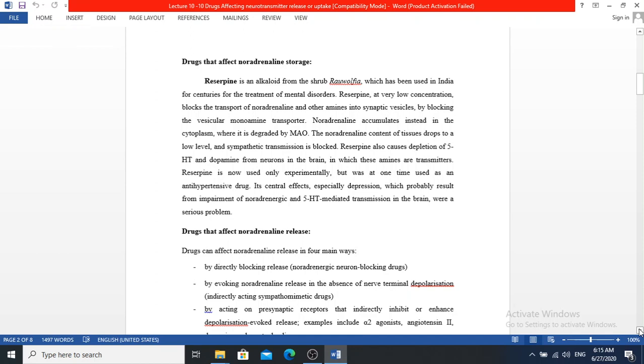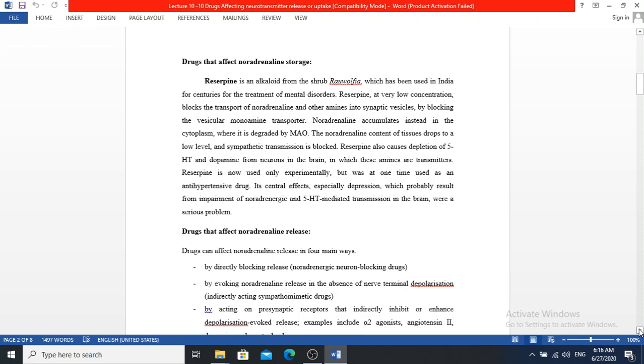Noradrenaline accumulates instead in the cytoplasm where it is degraded by monoamine oxidase. The noradrenaline content of tissue drops to a low level and sympathetic transmission is blocked.